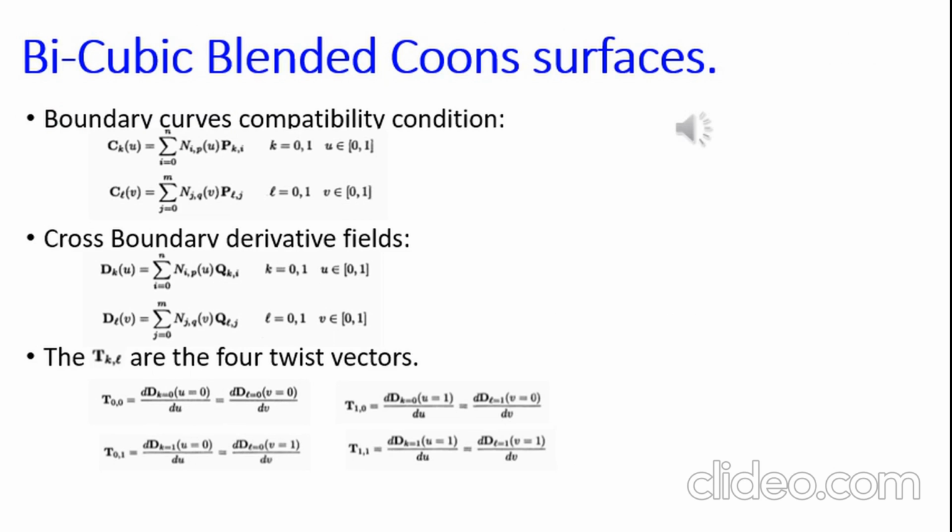Now, bicubic blended cones surfaces. When two bilinearly blended cones patches share a common boundary curve, they only represent C0 continuity across the boundaries, which means that the combined surface will have an overlapping over the common boundary.